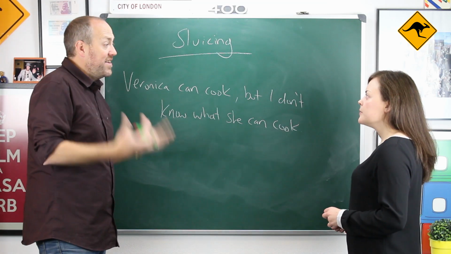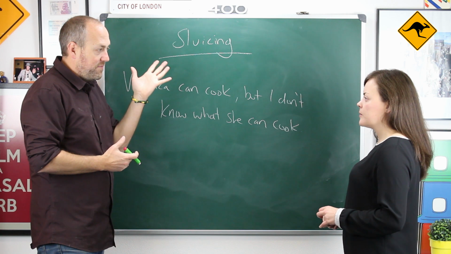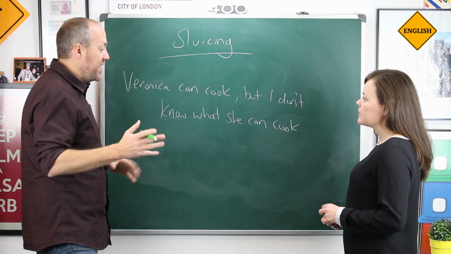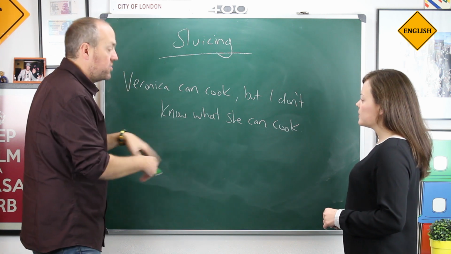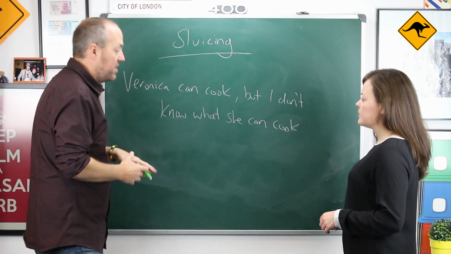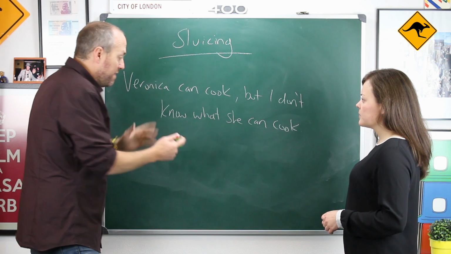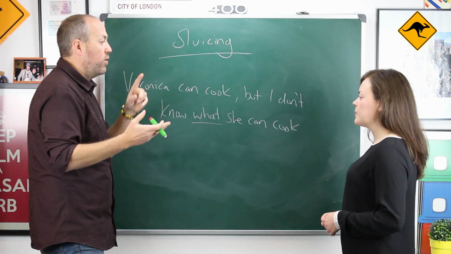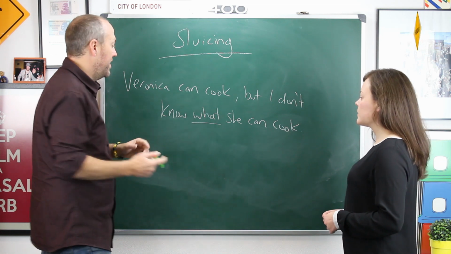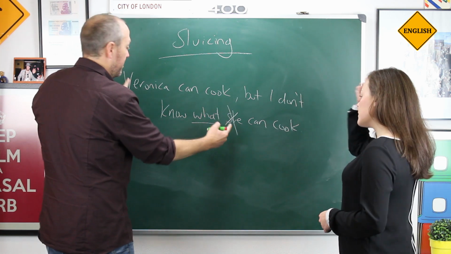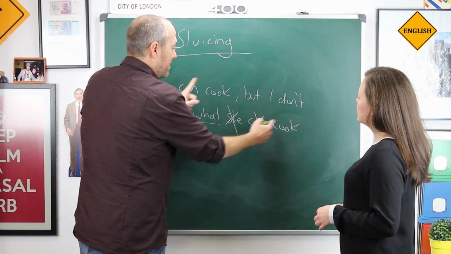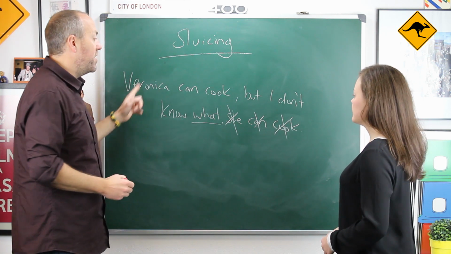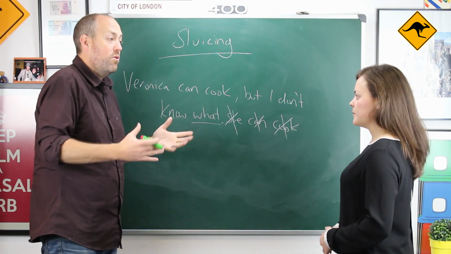So this is another type of ellipsis, sluicing. Sluicing is when we delete all of the identical verbs and auxiliaries, but we leave the question words: what, who, when, why, etc. So Veronica can cook, and we just have this: Veronica can cook, but I don't know what.